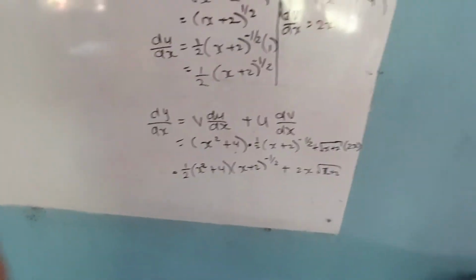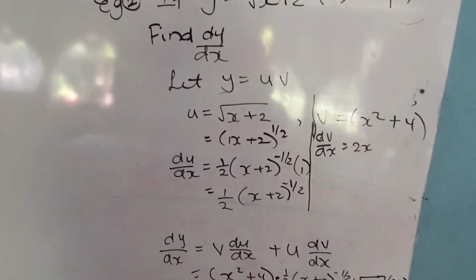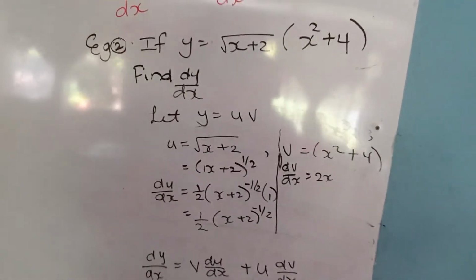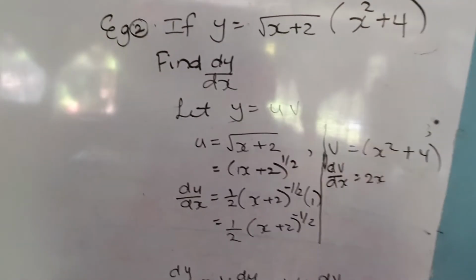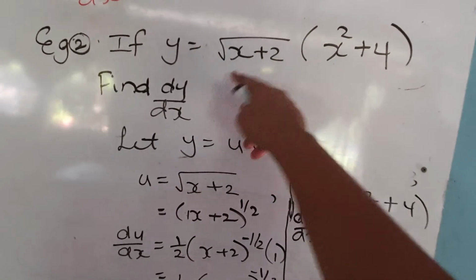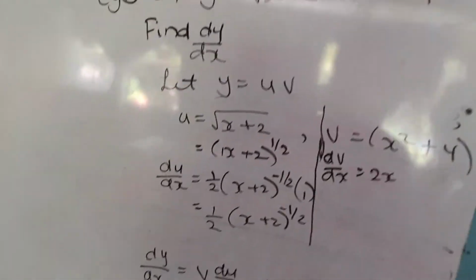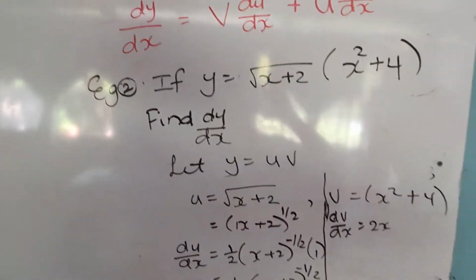So that's it basically. With the product rule, in order to use it, you must have a product that you're trying to differentiate, right? A lot of the times you would see them as a bracket next to another bracket. Sometimes you wouldn't see it as a bracket next to another bracket. You might see it like this. You identify, you put the question equal to uv.